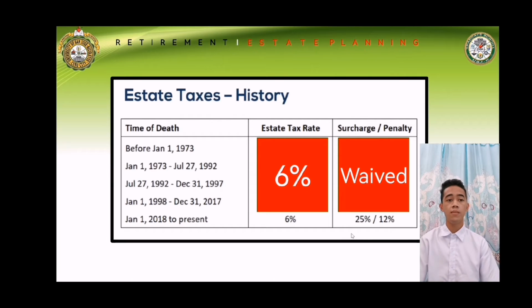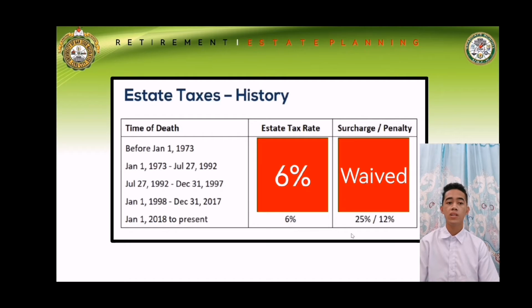So we have here the time of death, the estate tax rate, and the surcharge or penalty. Before January 1, 1973; January 1, 1973 to July 27, 1992; July 27, 1992 to December 31, 1997; January 1, 1998 to December 31, 2017; January 1, 2018 to the present.